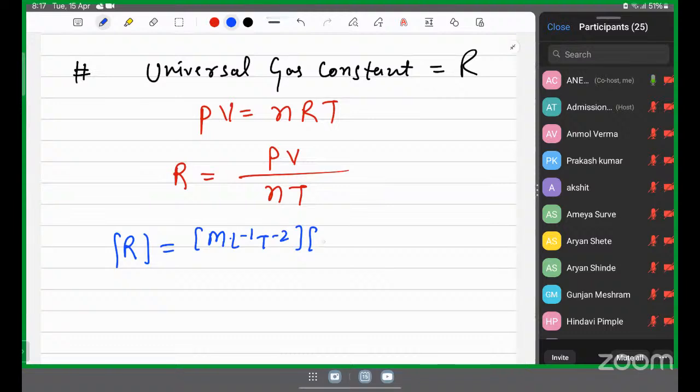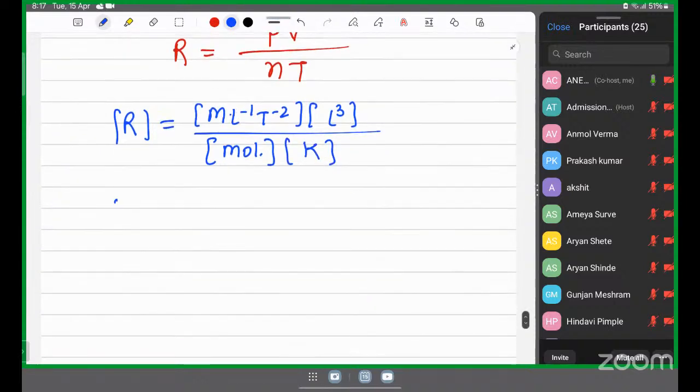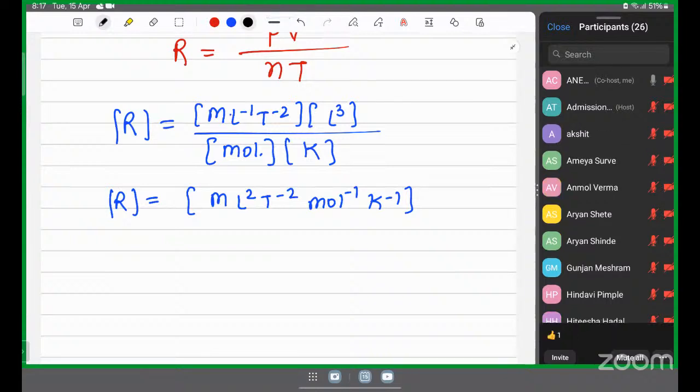V is volume, for volume we have L cube, divided by n, number of moles. Dimension for moles is mole, and T is temperature, which will have dimension Kelvin, K. So if you rearrange it, this will look like ML2T minus 2 mole inverse Kelvin inverse. Am I right? Yes, sir.